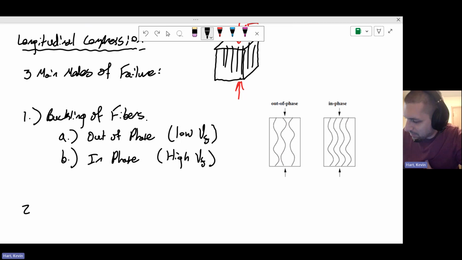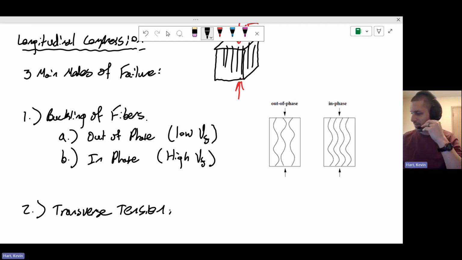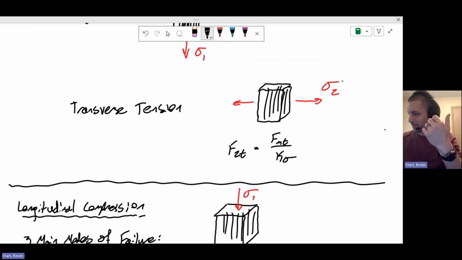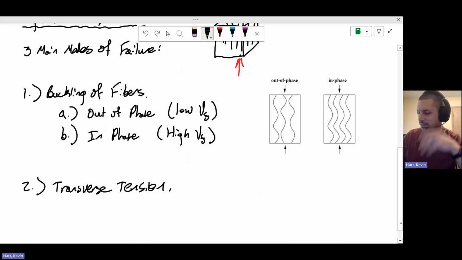A second way, and this is going to look a little strange when I write it, is that they can fail in transverse tension. What do I mean? We talked about transverse tension already, when the loading was directly in the 2 direction. So if you get longitudinal compression in 1, like we have here, how might you have failure in the 2 direction in tension? The reason is purely the Poisson effect.